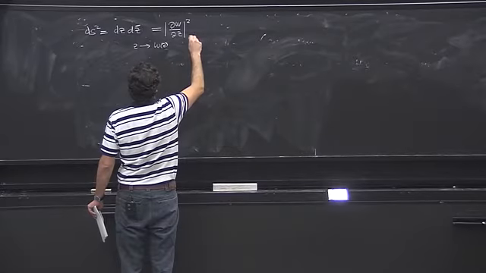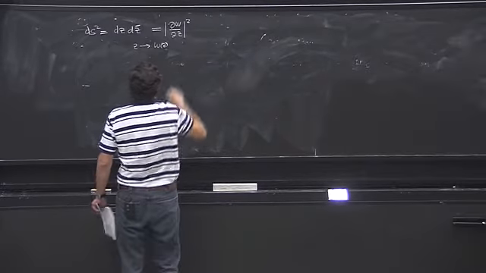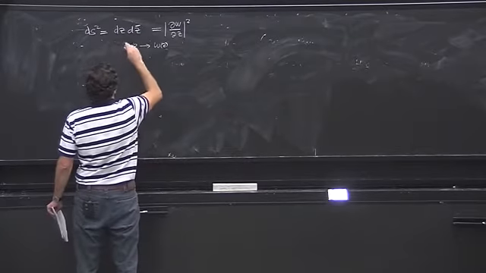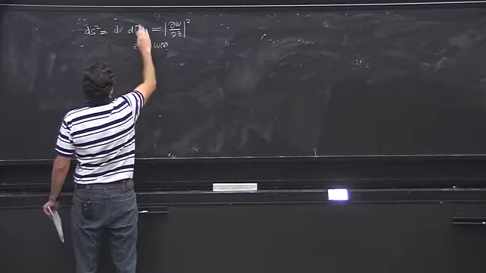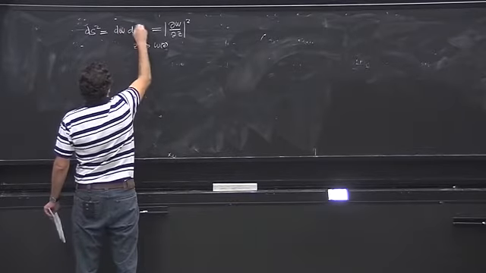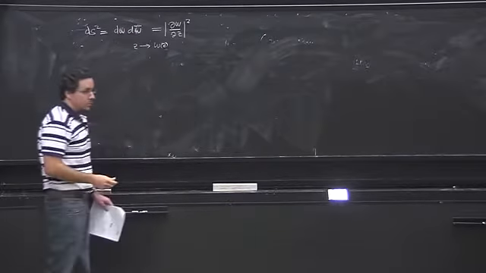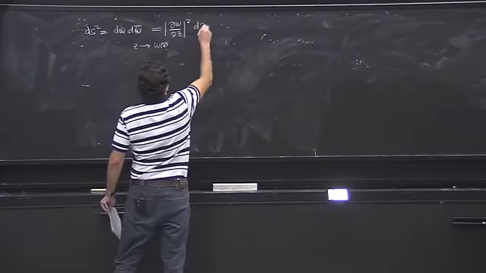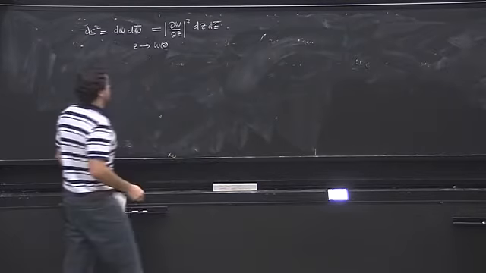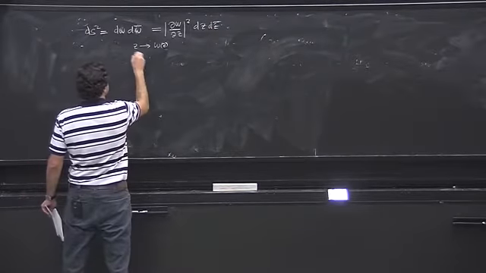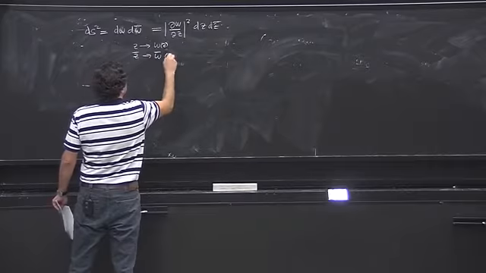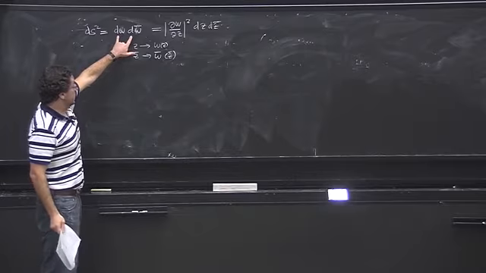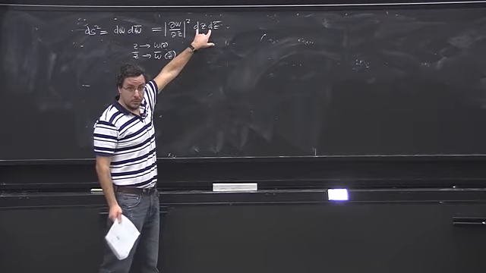Am I making a mess? Yeah, so now let me write it this way. It depends where you write the Jacobian, to the right or to the left. So if I write it like this, I have to put it to the left. So you see that if you make a holomorphic change of coordinates, then the metric preserves exactly the form, right?